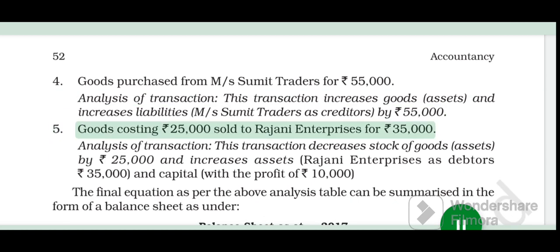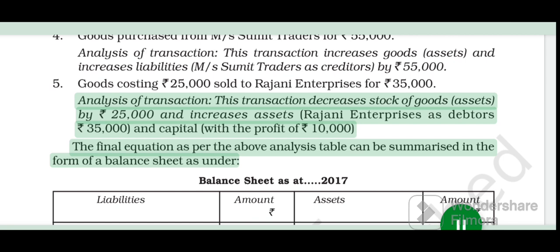Goods costing $25,000 sold to Rajani Enterprises for $35,000. Analysis of transaction: This transaction decreases stock of goods, asset, by $25,000 and increases assets, Rajani Enterprises as debtors, $35,000, and capital, with the profit of $10,000.